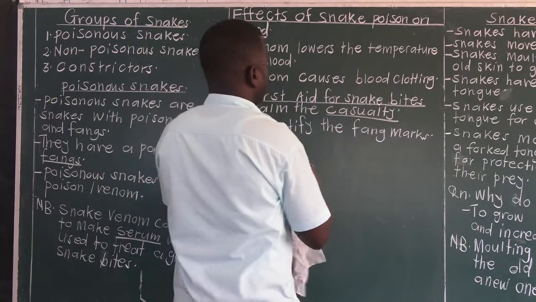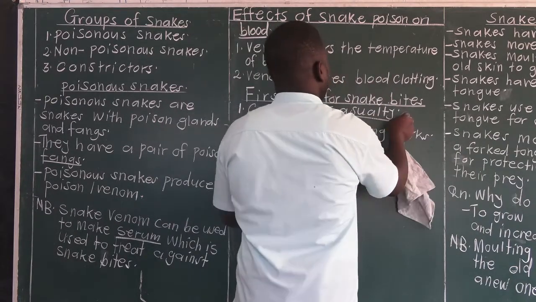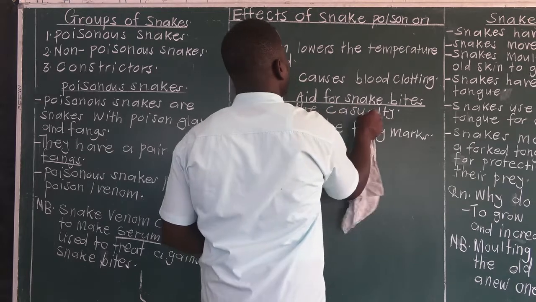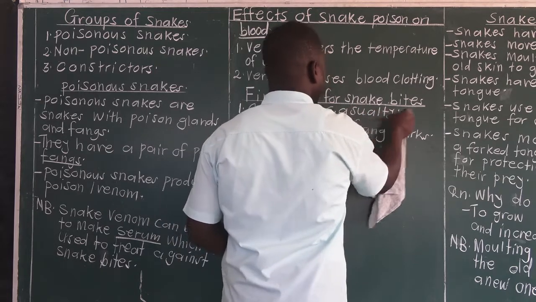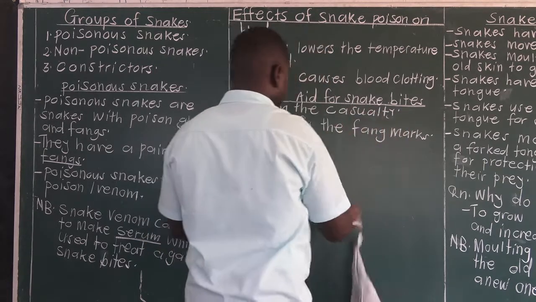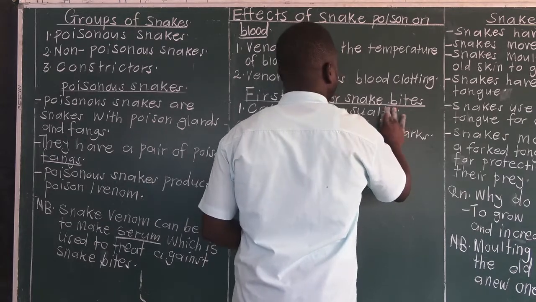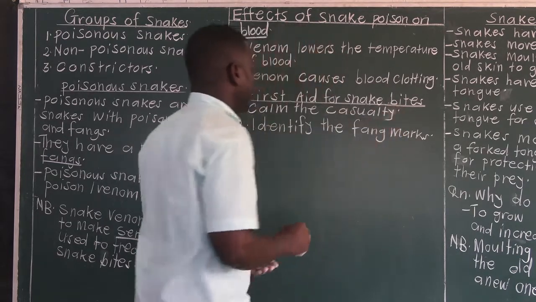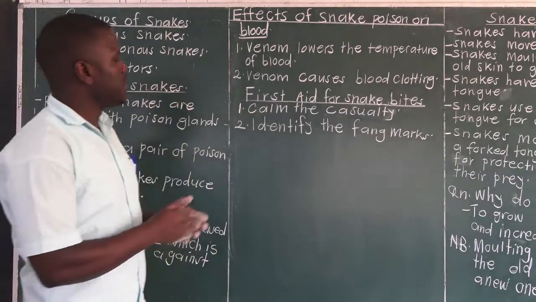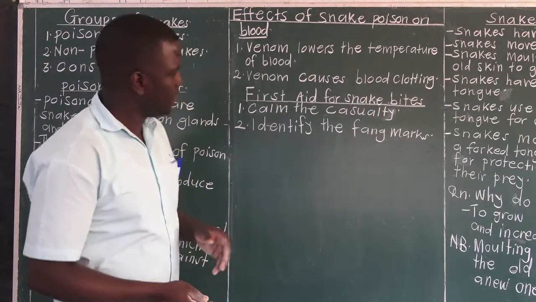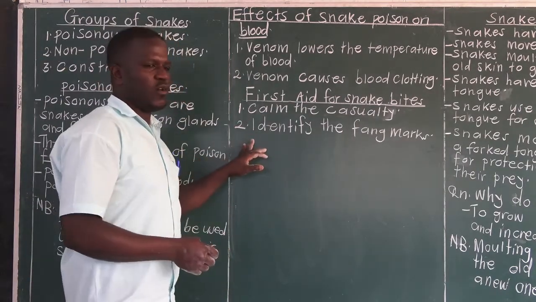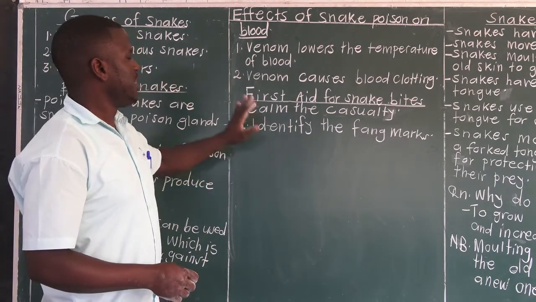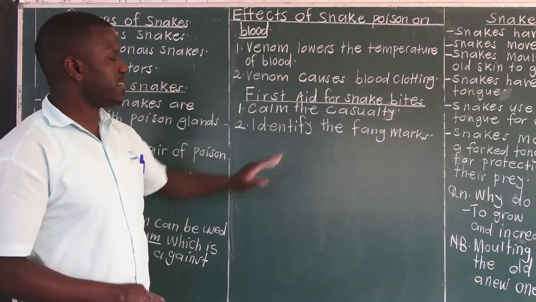That is not calming the casualty. Calming the casualty, you assure them that you are going to help them, you're going to give them first aid, and they will be fine. That's the first thing you need to tell the victim, that everything is under control. Not telling them that now, since you've been bitten by a snake, you are dead. That is the very wrong way of giving first aid. So you calm the casualty, then identify the fang marks.